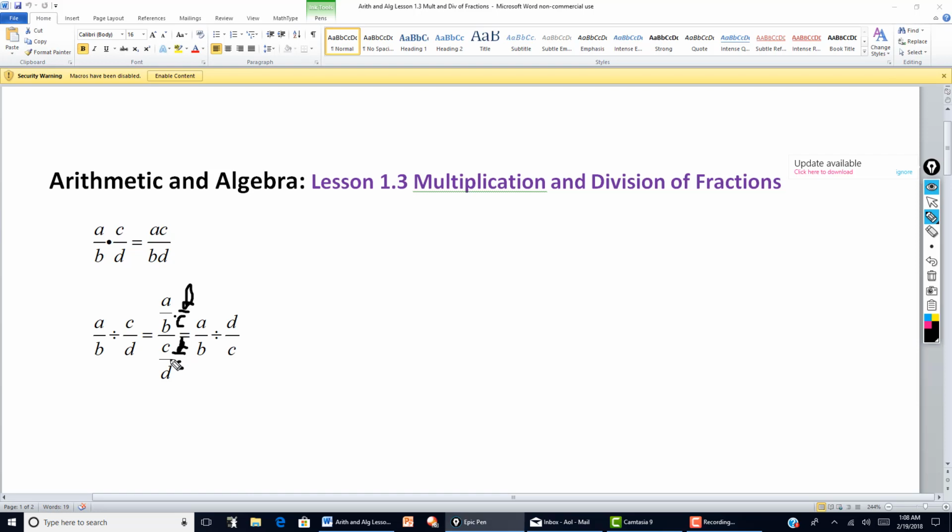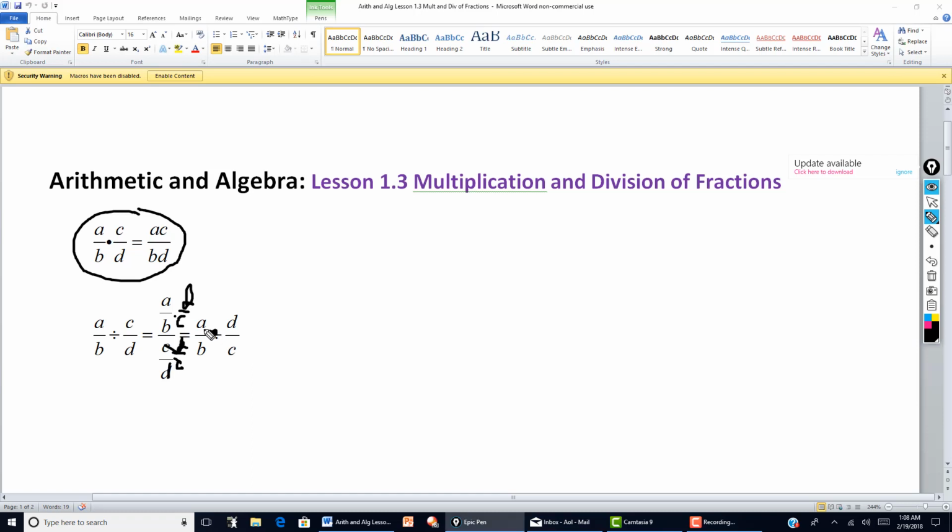So here the D and the D cancel, the C and the C cancel, and on top I get A over B times D over C. So again, the rule for multiplication: multiply the numerators, multiply the denominators. So let me change this to a times.